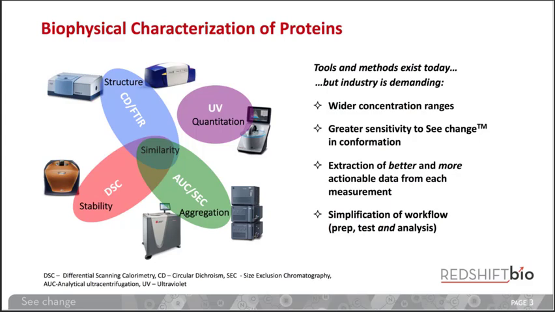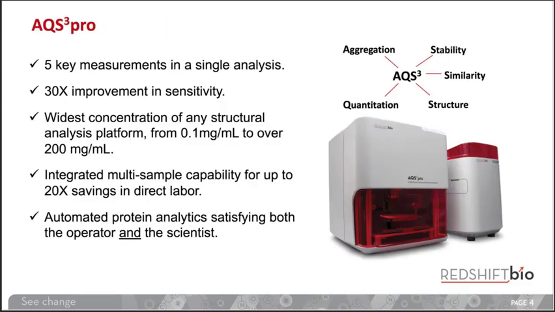But industry is never one to sit still, and is demanding the ability to measure over wider concentration ranges, greater sensitivity to see smaller and smaller changes, and the extraction of better and more usable or actionable data with each measurement. All this is in addition to the demand for simplifying the workflow, not just in prep and test, but also in analysis. So we developed the AQS3 Pro to address these needs.